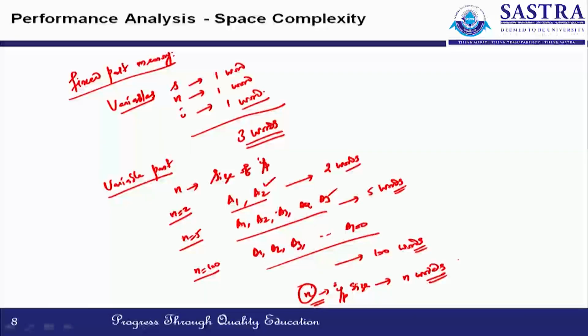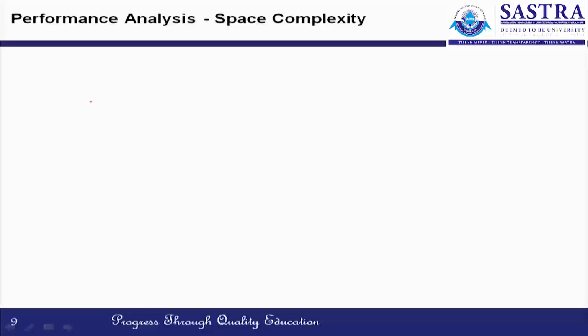Understand? In the fixed part memory we have 3 words, and in the variable part memory we have at least n words of memory. So, combining the fixed part and variable part, we have S of P is equal to C plus S sub p of instance characteristics.